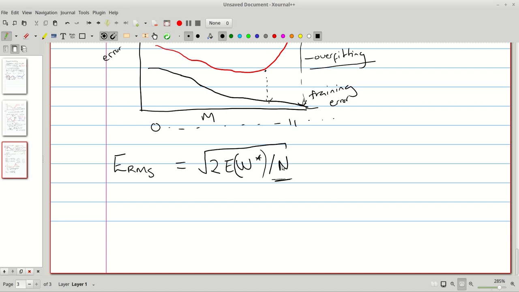But for now, I hope that you got a general understanding of the importance of model selection, which is trying to find the perfect value of m, which we'll go into in detail later on.